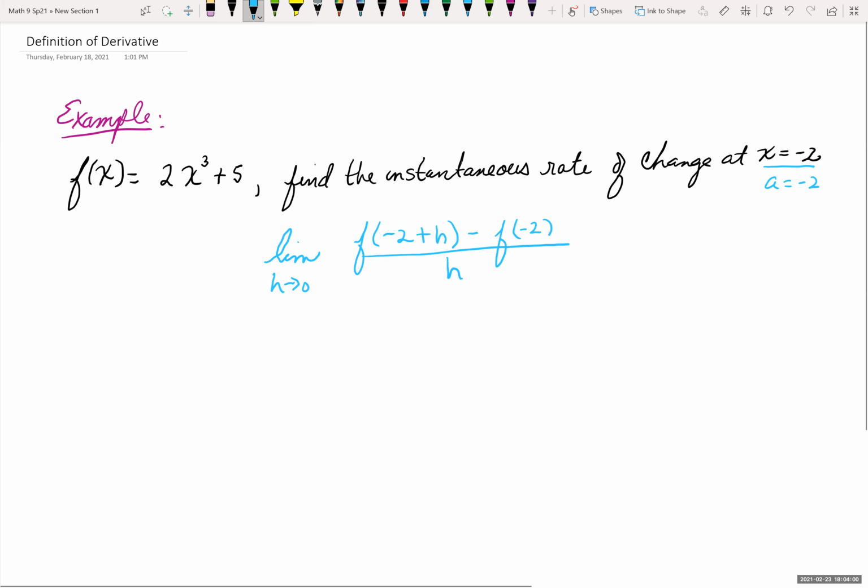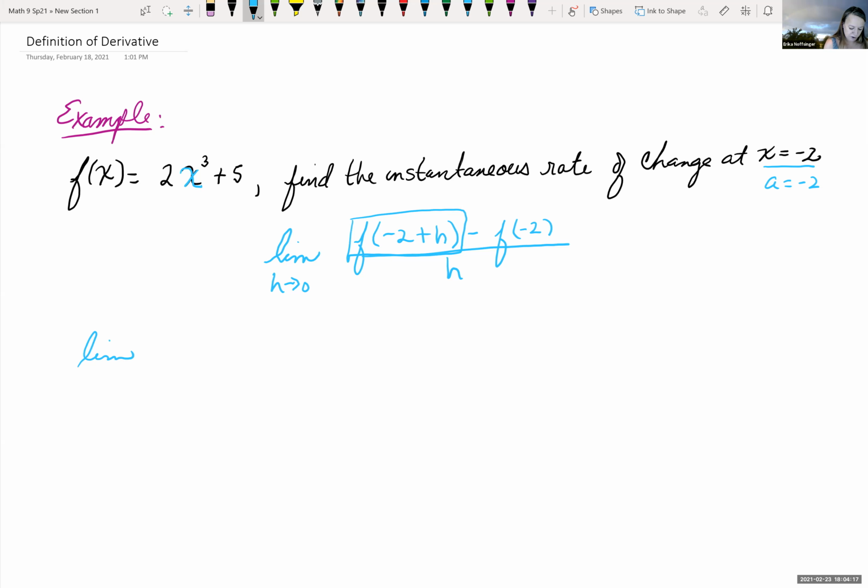Now going back in, wherever we see an x in our function f of x, let's do this first piece in our numerator, f of -2 plus h. So let's bring down our limit. I'm going to bring it over here so I have more room. And we're plugging in, I have a 2.